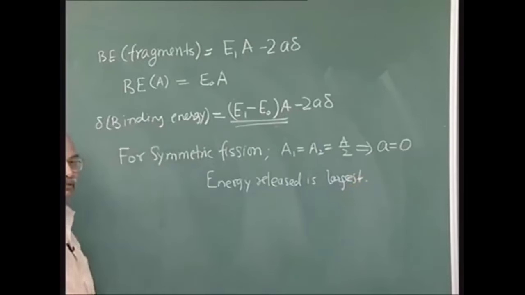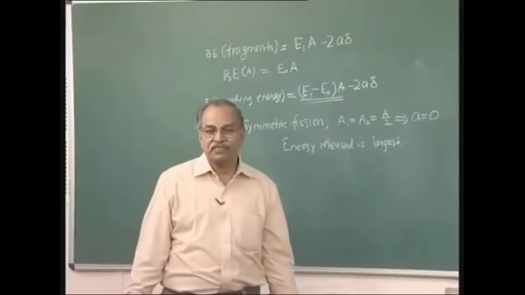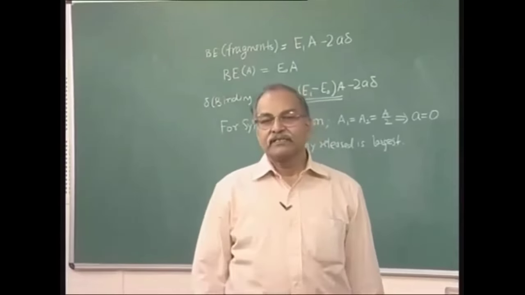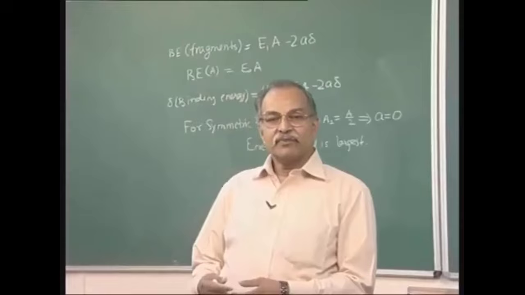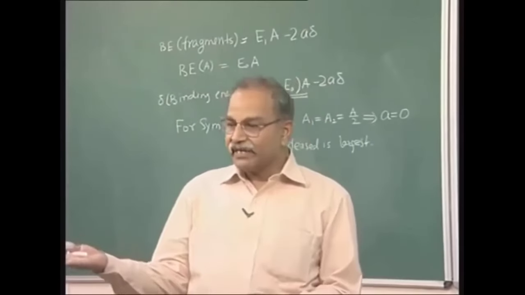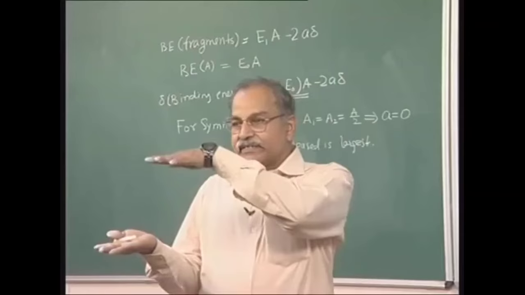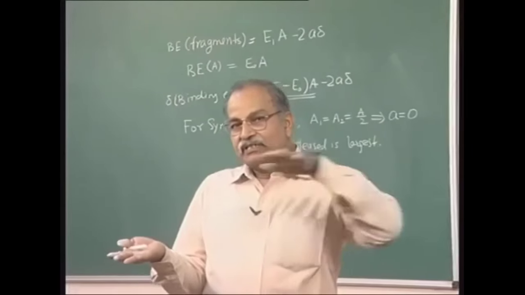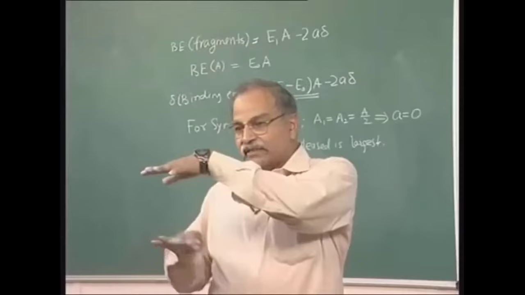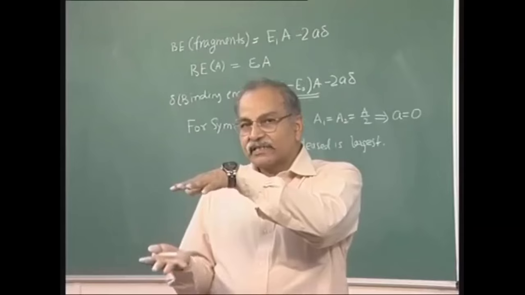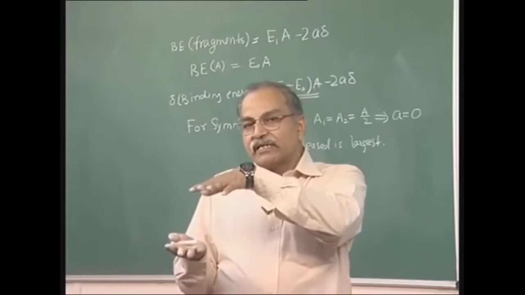And if you have asymmetric fission, where one fragment is smaller and the other fragment is larger, then the energy release will be less. That means the final products are at a higher energy. Energy released is small means the initial nucleus is there, and the final fragment energy is more.